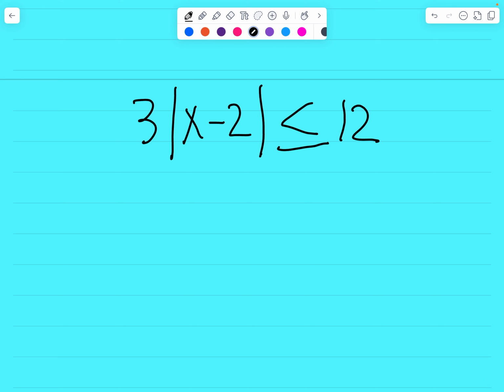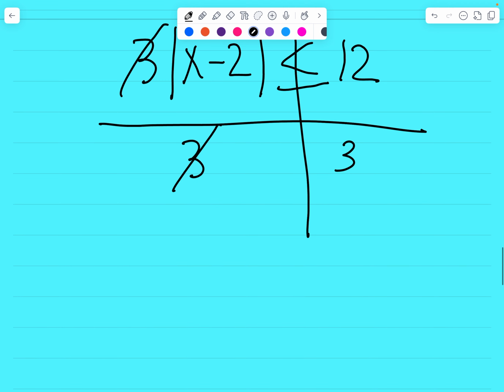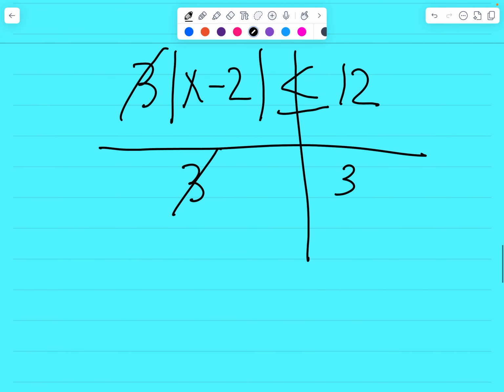With the coefficient in front of the absolute value, it's challenging. So here, we're actually going to divide both sides by 3. They cancel out, and then you end up with the absolute value of x minus 2 is less than or equal to 4. I didn't flip the sign or anything, just because I divided by a positive number. All right. Now, what we're going to do is set up the and value.